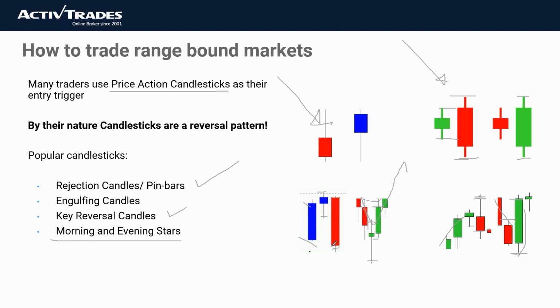And that's an evening star because it's like as the sun sets, that's what we're expecting. We're expecting price to fall as well. So these are all very, very valid, good candlestick reversal patterns. And so when we see them at the edges of range-bound markets, they in themselves might provide a good insight and a good trading setup.